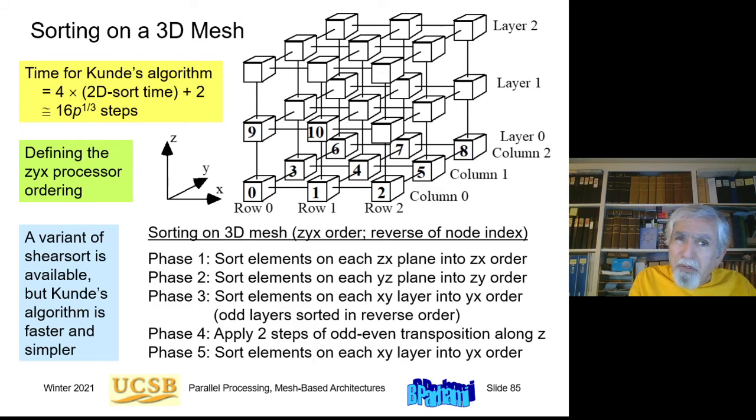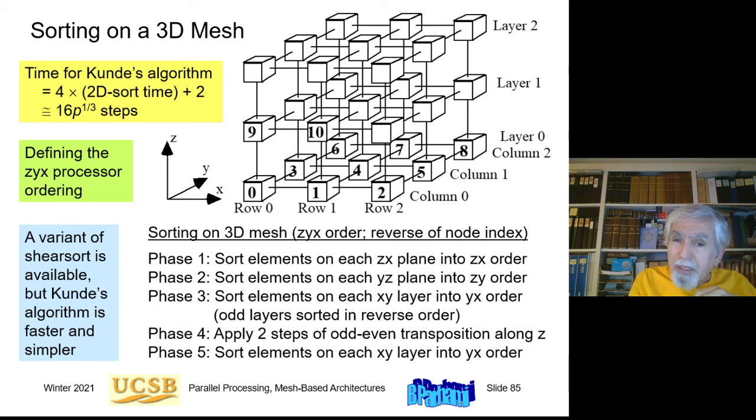Assuming that we could build a 3D mesh, sorting on a 3D mesh is fairly simple. Remember that in 2D mesh, shear sort was not optimal.